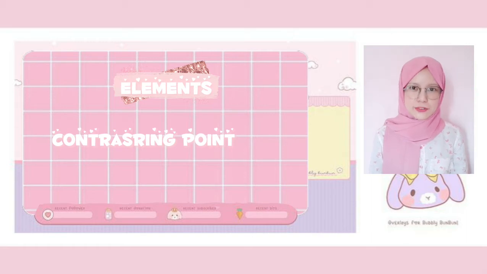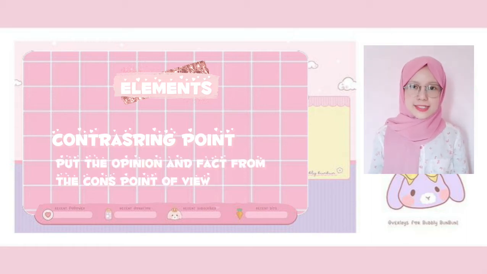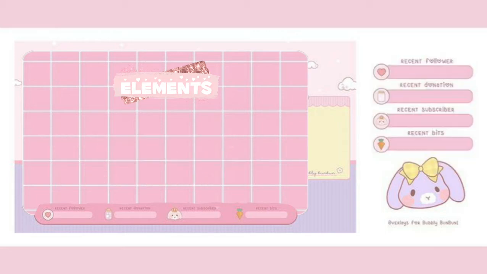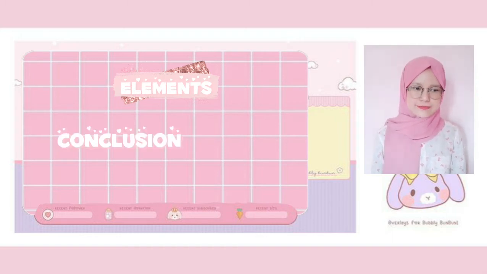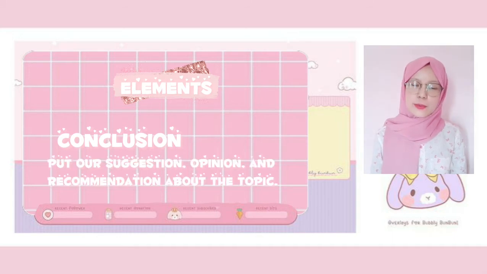In the third paragraph, we can put the fact and the opinion about the cons point of view. And the last paragraph is the conclusion. We can write down our suggestion, opinion, and recommendation of the topic that we are talking about. Remember, we have to be neutral till the end.